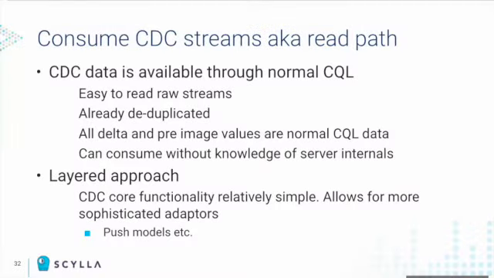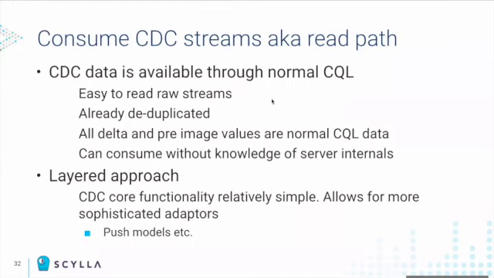The CDC log is read through normal CQL statements, which is quite cool, as now you can access a whole bunch of information via CQL and what we call streams, which gives you more information about the metadata of various changes and also the data lineage of the current state of the database. The data is replicated but deduplicated and can be read through regular CQL.